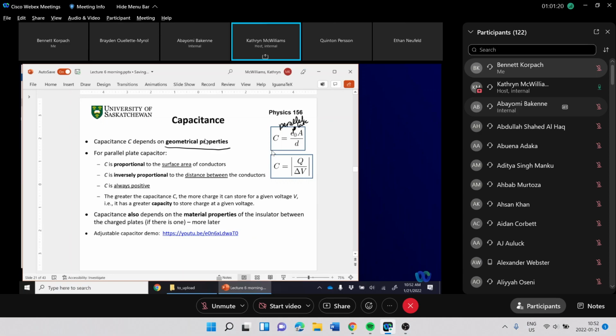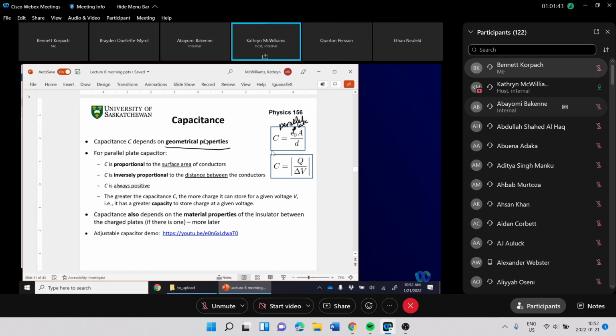So the further apart the plates are, the less the capacitance is, and the less charge you can hold on the plates. Okay. C is also always a positive number. If you happen to calculate your delta V as a negative, you just take the absolute value to get the capacitance. Okay. Because we're just talking about the ability to hold charge.